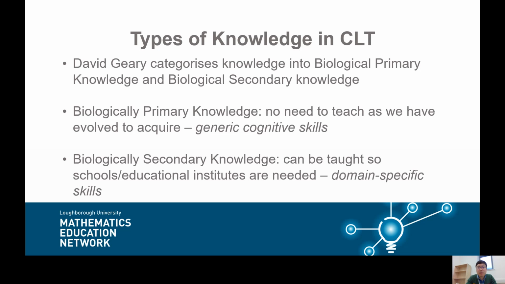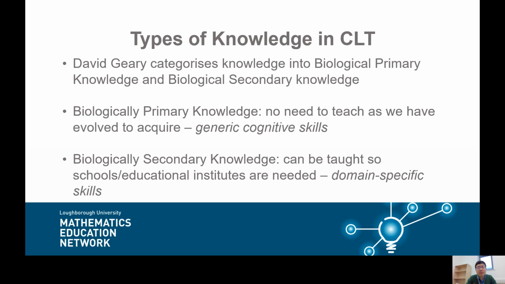However, biological secondary knowledge must be taught in schools. That's why we build schools and educational institutes to teach secondary knowledge. This type of knowledge is domain-specific skills and domain-specific knowledge.